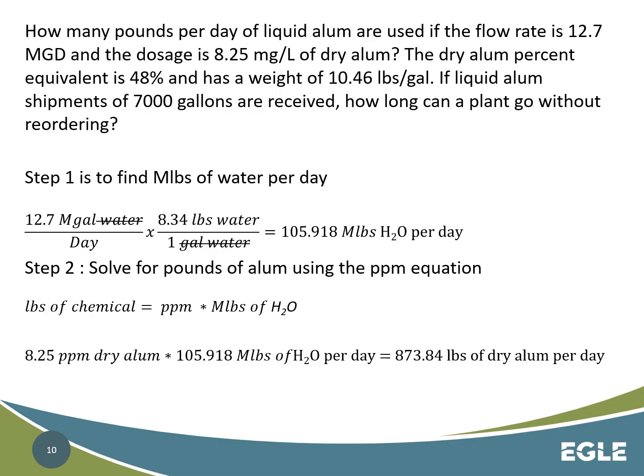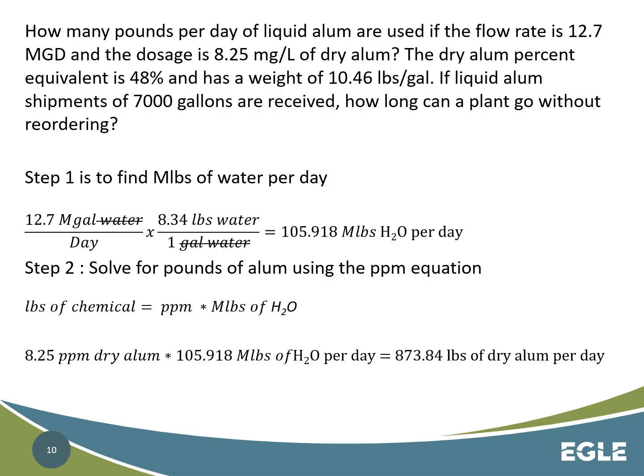So, just a little bit of a recap, right? Step number one, dosage calculations. You want to find your 1,000,000 pounds of water, right? Step number two, in this case, we want to find how many pounds of dry alum we are consuming every day, right?